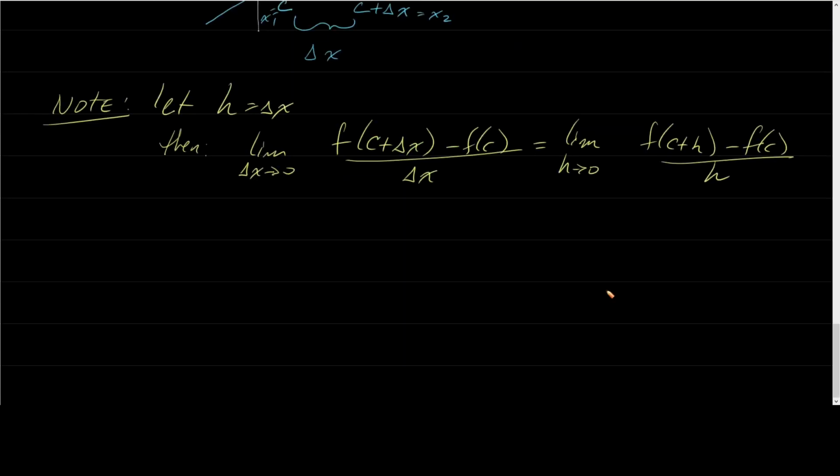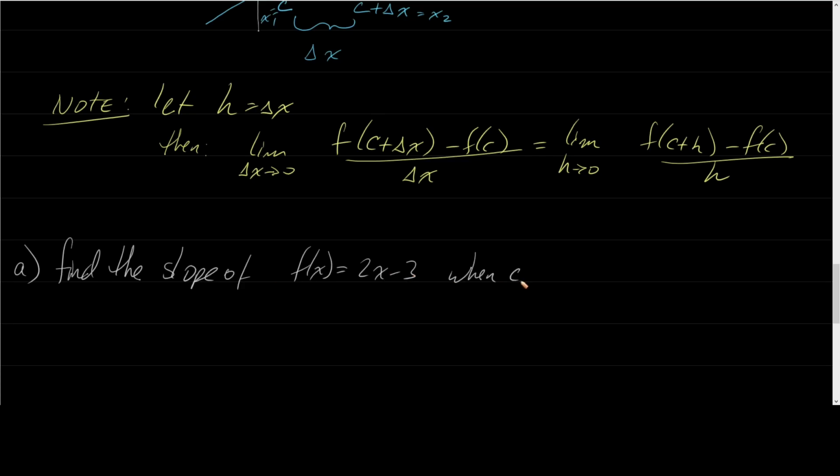All right, so let's do an example. Example A. Find the slope of f of x equals 2x minus 3 when c equals 2.